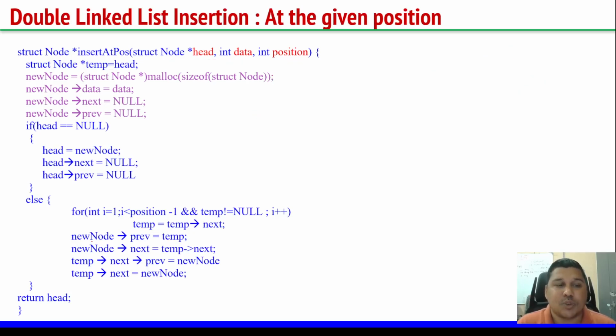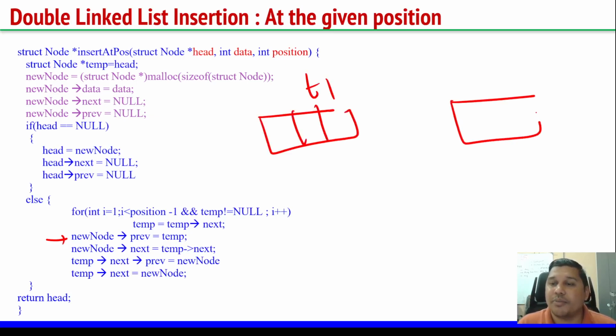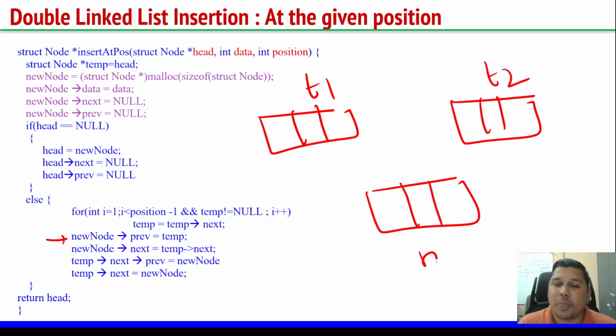Okay, over. Next, what do I have to do? New node's, those four commands. This is T1, this is T2, and this is your N1. Okay, right. What I have to do? New node's previous, point it to temp, that is T1. You form this link. Then new node's next, point to temp next. New node's next, point to temp next. That is this link.